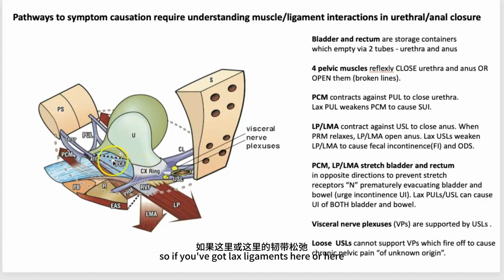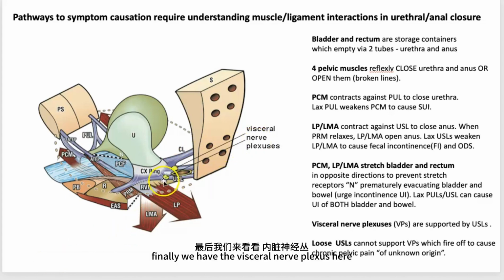So if you've got lax ligaments here or here, the contractile force of these muscles weakens and they cannot stretch the tissues to support these stretch receptors, and you can get urge incontinence of bladder and bowel together.